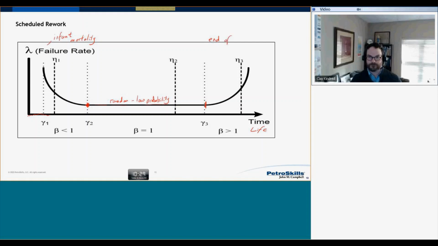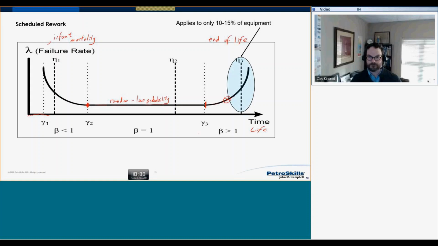This is the accepted lifetime of your piece of equipment. What we'd love to be able to do is to say, let's change those bearings right there, just before the probability of failure starts to get so high, it's actually causing me a problem.